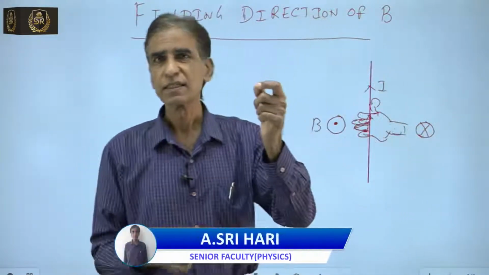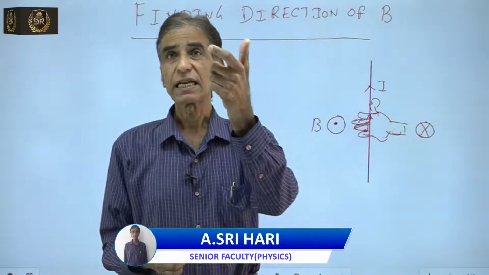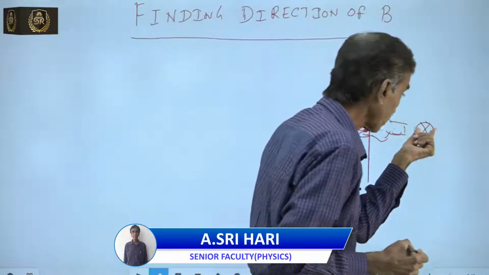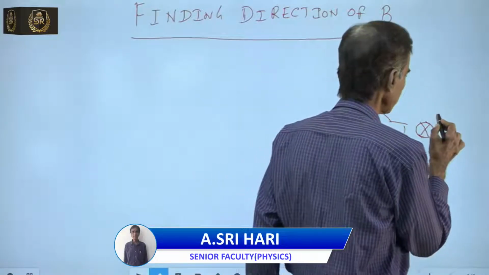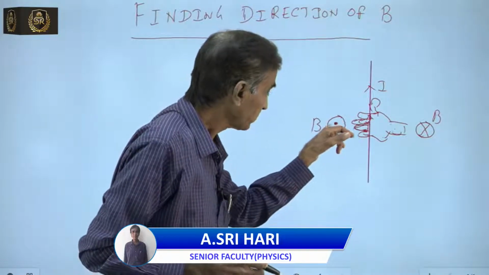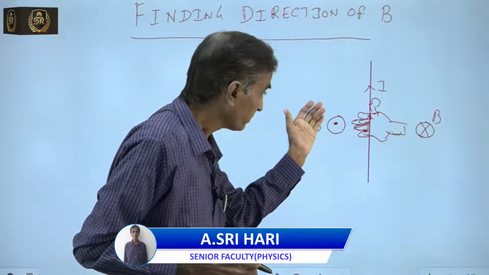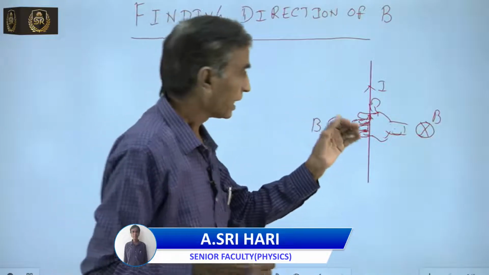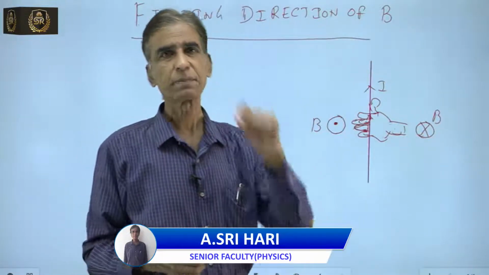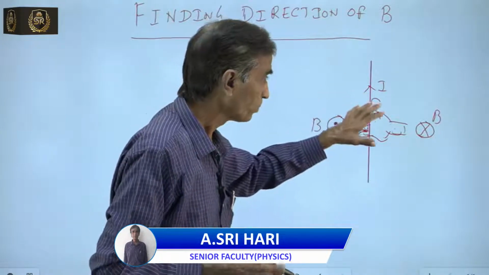That is the arrow tail. Whenever you find a symbol like this, the field is coming out of the plane, and whenever you find a symbol like this, the field is going into the plane of the paper or into the plane of the board.